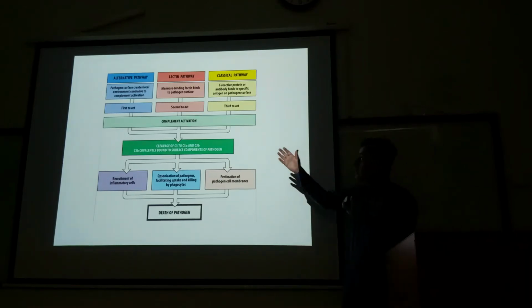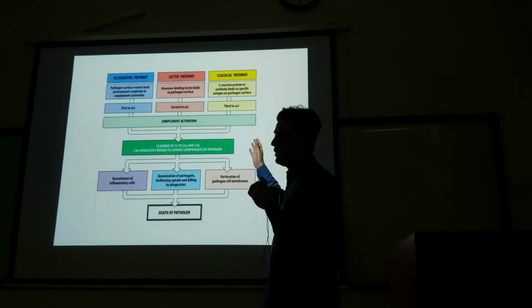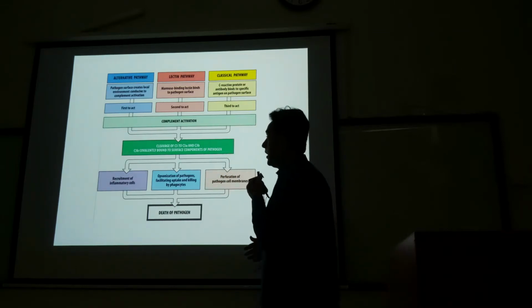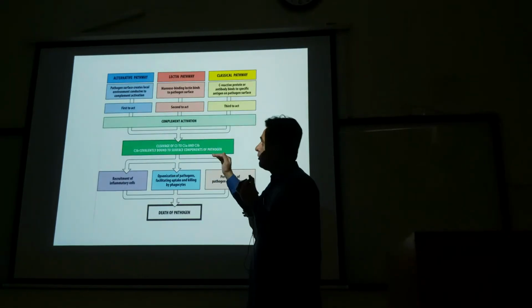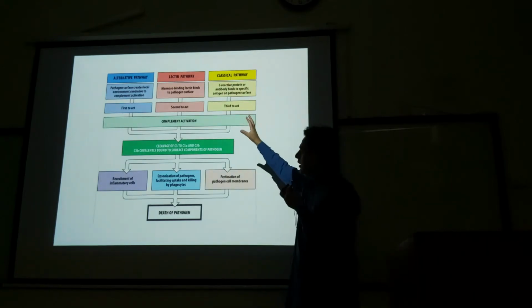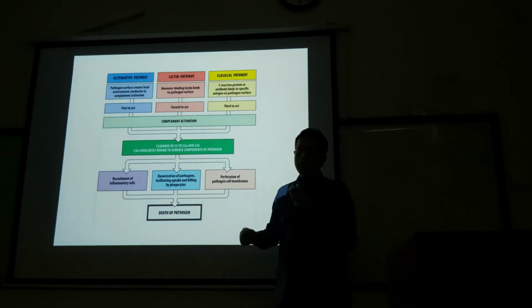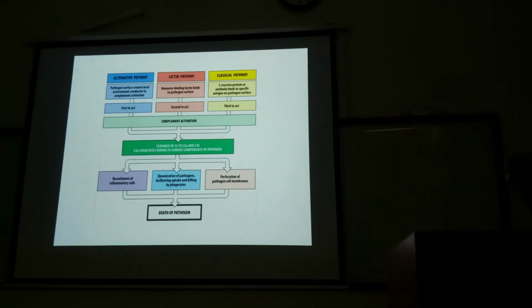Then I told you about these different pathways: the alternative pathway, the lectin pathway, and the classical pathway. These are three different ways which can activate these complement proteins in our body. But I told you that the alternative pathway is the first one to be activated. And the goal of all these pathways is to kill the pathogen ultimately by two different processes, either by labeling or coating it so that the immune cells would phagocytose these pathogens effectively, or by just burning holes in the membranes of these pathogens.